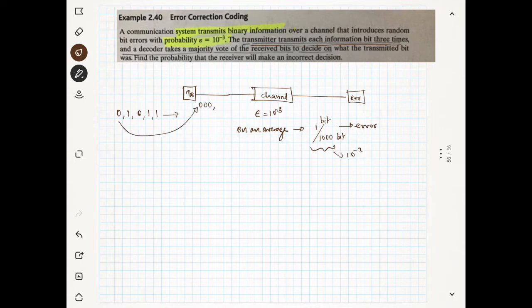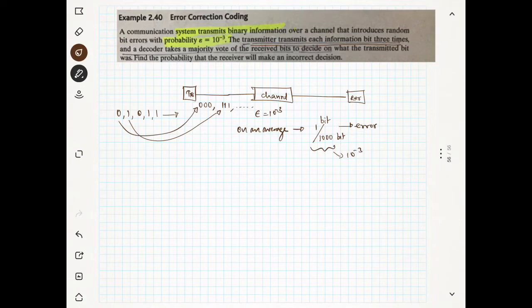After that this 1 will be transmitted 3 times. So each bit will be transmitted 3 times. Why? In order to improve the reliability. So if it wants to transmit 500 bits, then it has to transmit 1500 bits, because each bit will be transmitted 3 times.